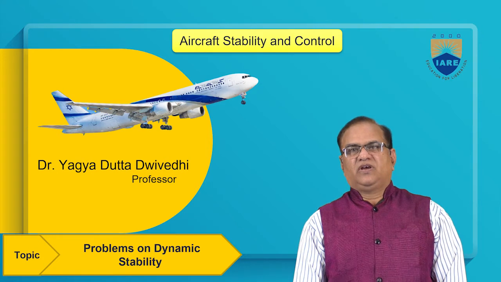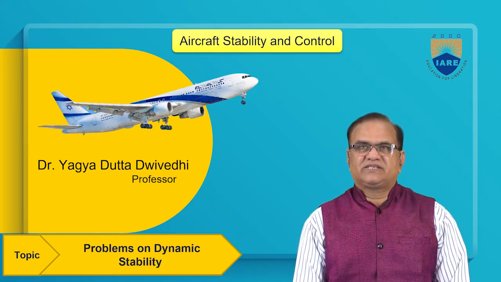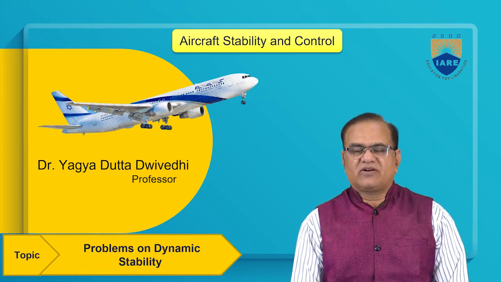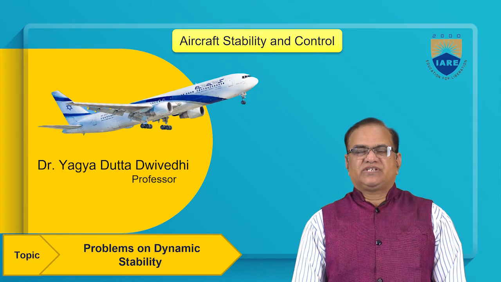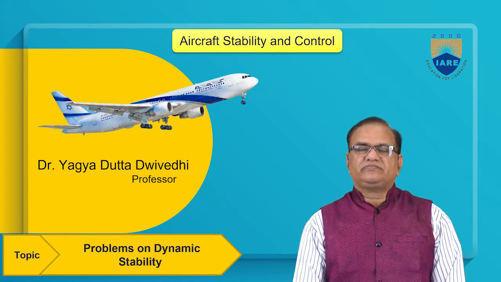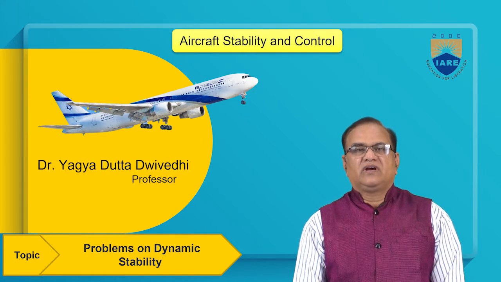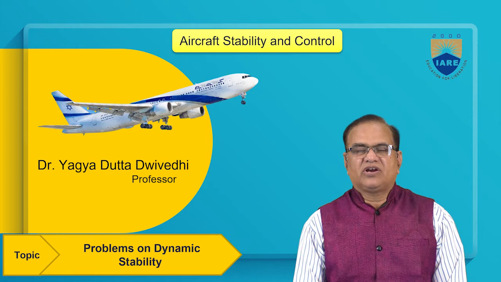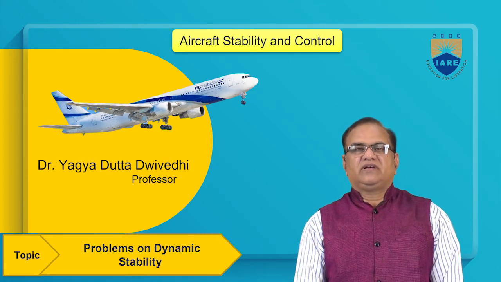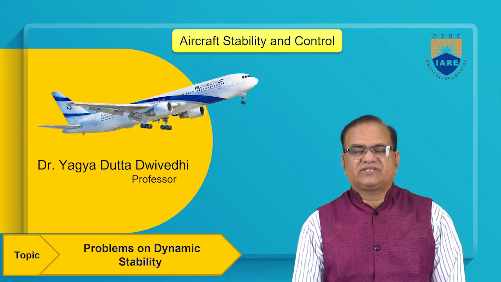For the last few months, I am taking the class of Aircraft Stability and Control. In this course, I have discussed aircraft static stability for longitudinal motions, that is called the longitudinal static stability. Then I have covered the lateral and directional static stability.